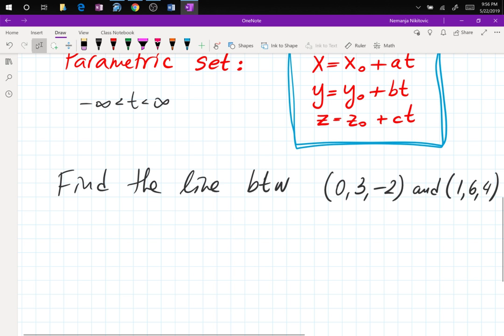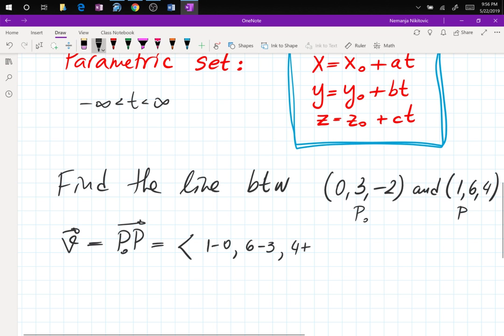So if you pick this one to be P0, then this one is P. Your vector V is P0P, which is 1 minus 0, 6 minus 3, and 4 plus 2, which is 1, 3, 6. So V is 1, 3, 6.